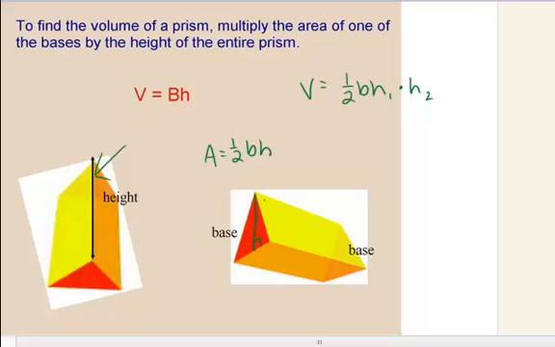So that would be your height sub 1, and then your base would be whichever side the height is perpendicular to. So this would be your base, this would be your height sub 1, and then your height sub 2 would be this distance right here. If you want to just put height times height, that's fine, as long as you're very clear that the height for your two-dimensional figure is different than the height for your three-dimensional figure.